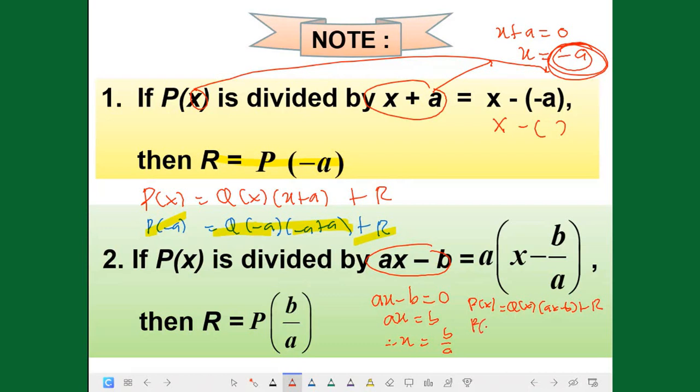Substitute b over a: Q(b over a) times (a times b over a minus b), cancel, this is 0, plus r, so we get r is equal to P(b over a). Or you can do it another way.